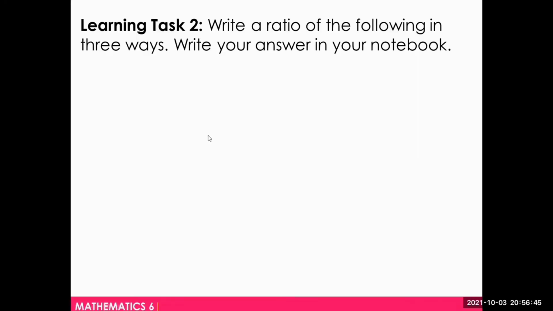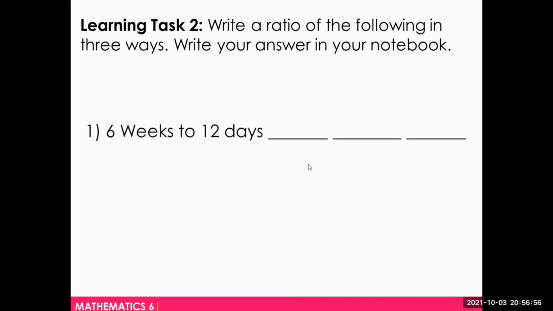Learning task number 2. Write a ratio of the following in 3 ways. Write your answer in your notebook. Number 1, 6 weeks to 12 days. Alam naman natin na merong 7 days sa bawat isang linggo. So, imumultiply natin ng 7 times 6. 7 times 6 is 42.